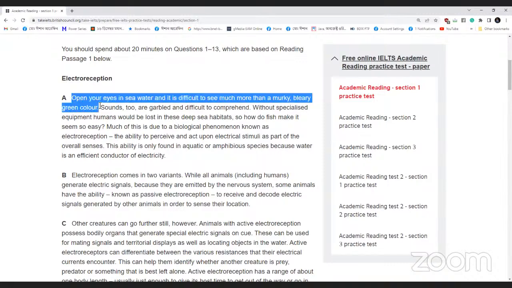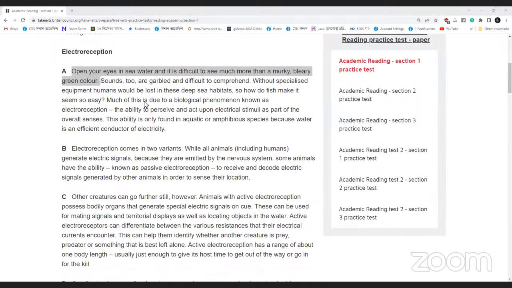For this paragraph, this is the topic sentence. It says, open your eyes in sea water, and it is difficult to see much more than a murky, blurry green cloud. This might be the topic sentence.